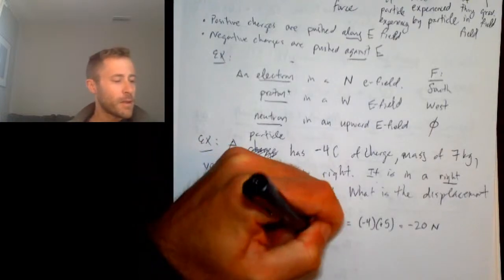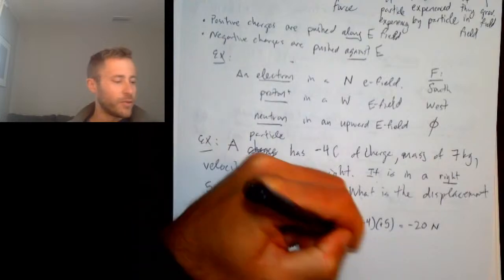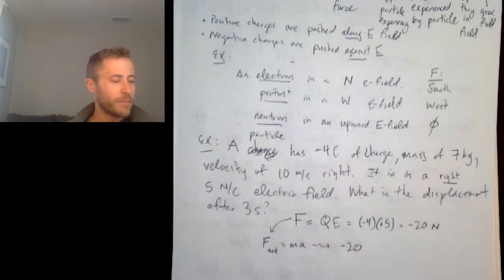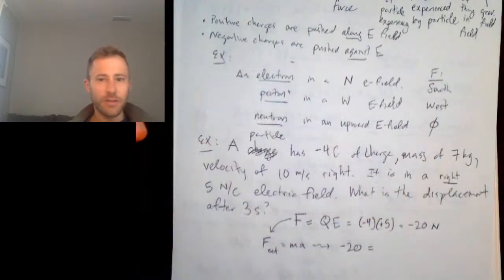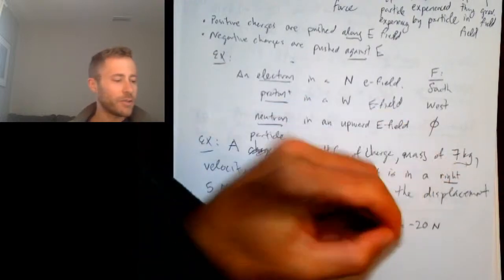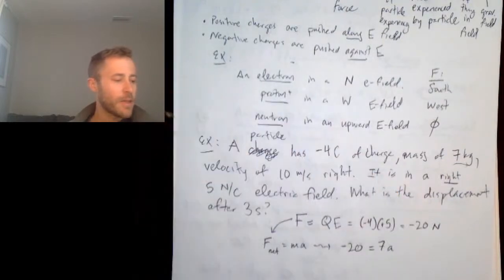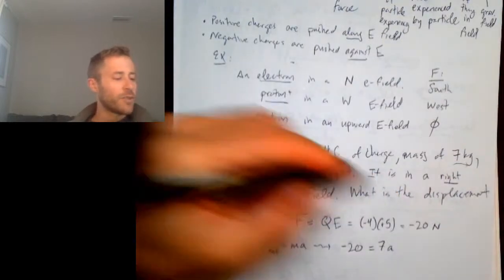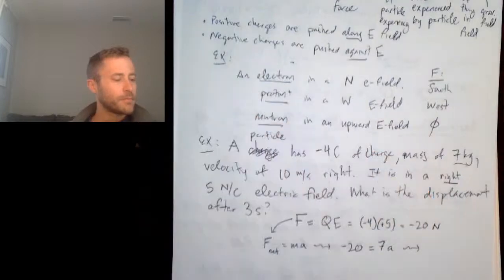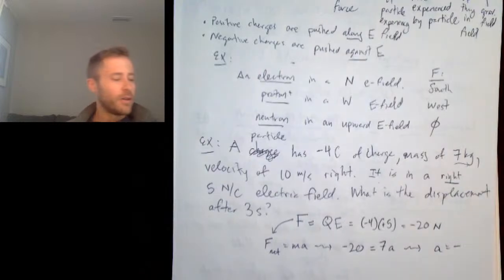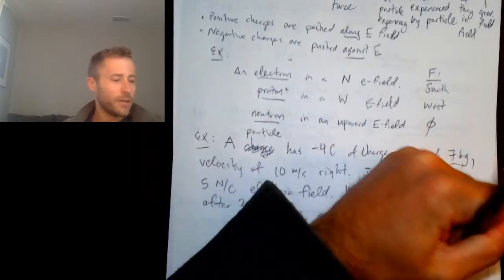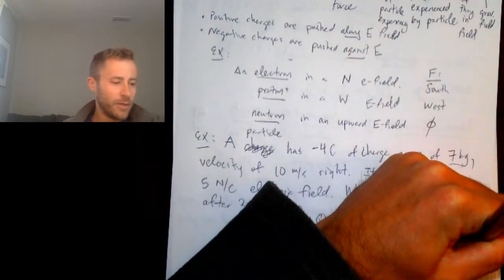We have net force equals negative 20, and that equals ma, so that is 7a, because the mass is 7 kilograms. Dividing both sides by 7, the acceleration is negative 2.86, so negative 2.9 meters per second squared.